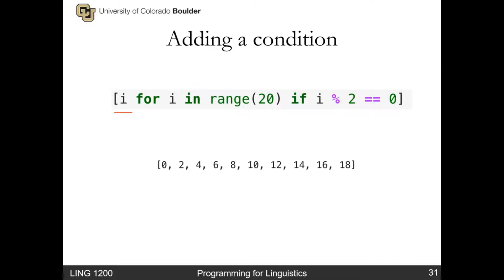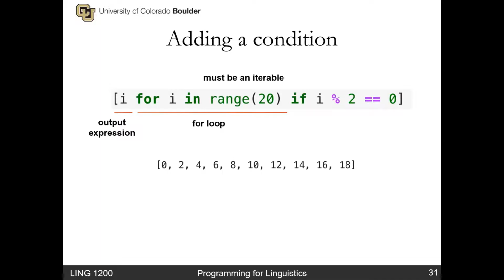So this is a good way to learn the syntax. This is a bit more complete syntax of our list than we saw on the previous slide. So let's go through this. The first thing we have here is our output expression, the thing we want to be output into the list. Then after that, we have the loop, a for loop. And the for loop is using that same variable, i, which is also the same variable used for our output expression.